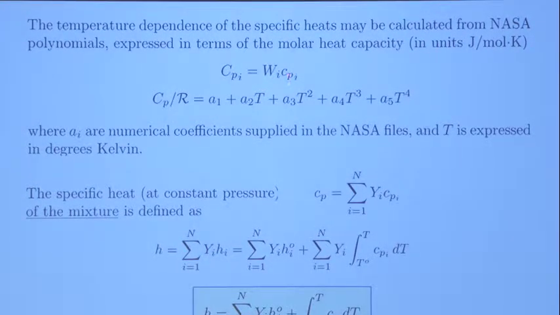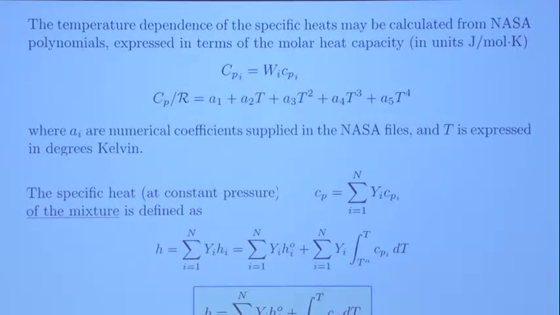And so it's not the small Cp or C that I have used, but I've used here a capital C to indicate that it's molar and not mass-based, okay? So the relation is, of course, that this is Wi Cpi, and so what is usually tabulated is the capital Cp divided by R, okay? Okay, so this was just a minor comment.